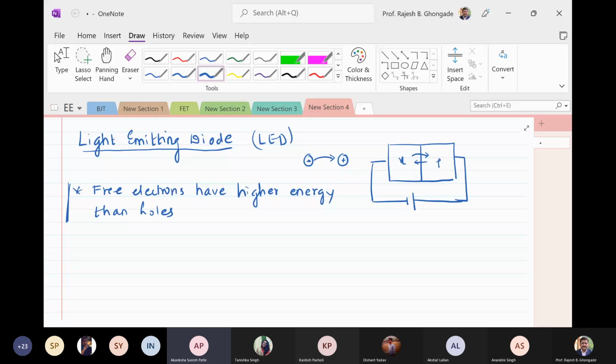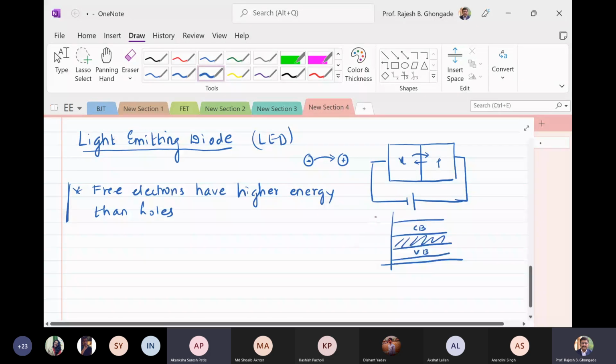Number of holes equals number of electrons. This is energy. We have seen that in the class when there was this online offline mode of teaching, right?